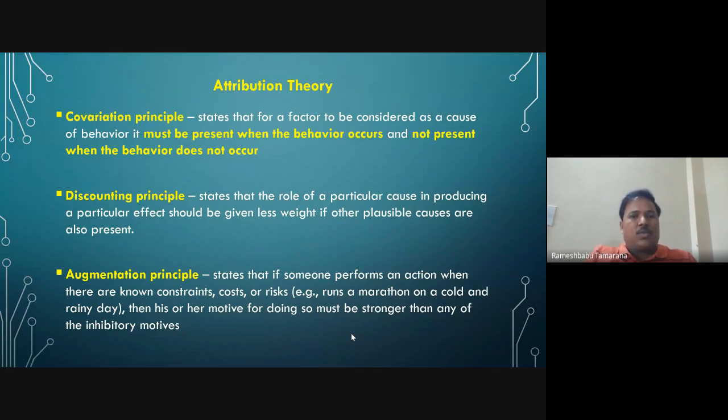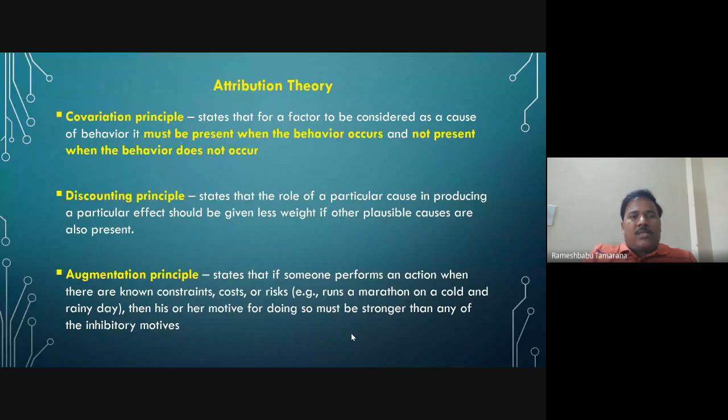That is the cause of the behavior, and not present when the behavior does not occur. So for example, later I don't ascribe my motives to my behavior once the event has happened.